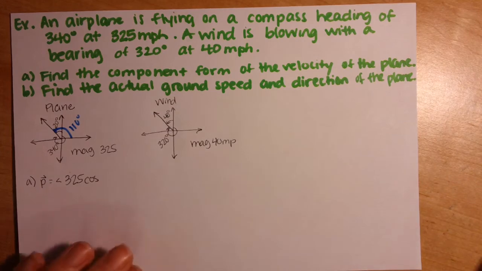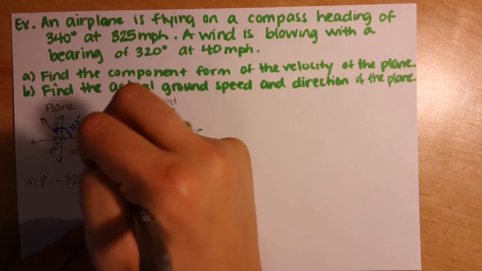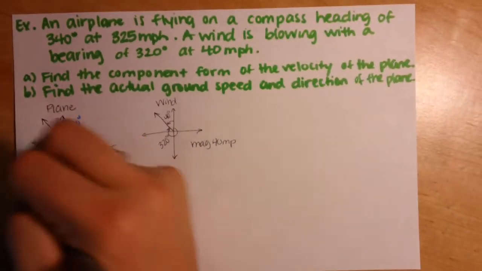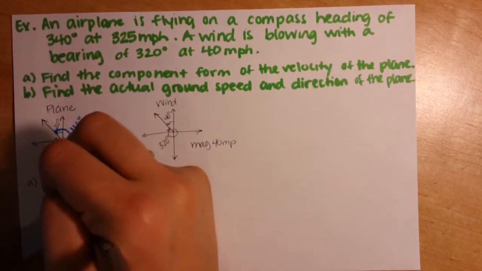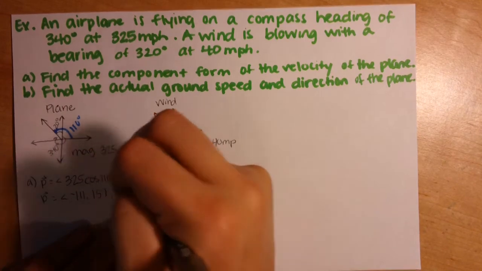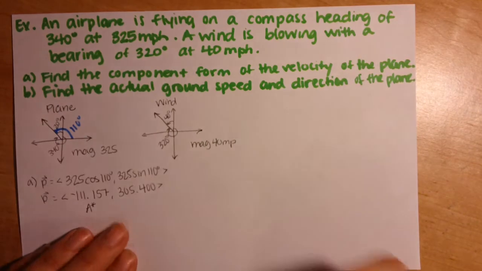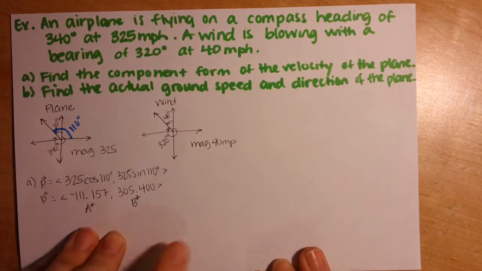So it's 325 cosine of 110 degrees, 325 sine of 110 degrees. So as a decimal, that's going to be negative 111.157 and 305.400. So I'm going to store this first part as A and store this second part as B.